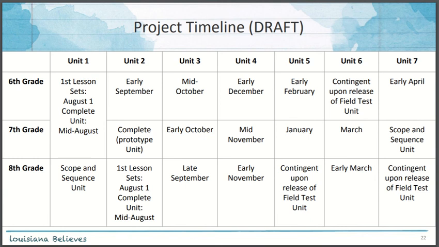At this time, there is no plan to release guidance on Louisiana Scope and Sequence units. Notice that the first lesson sets for the first OpenSciEd unit in each grade level will be available before the start of school.